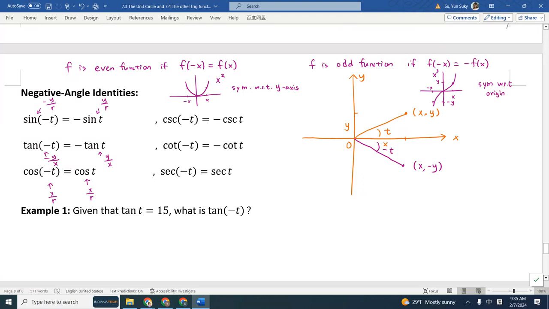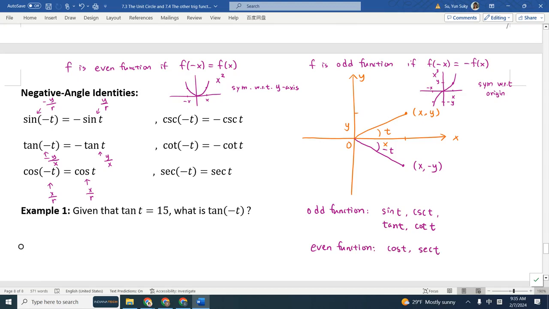Now, you look at all 6 trig functions. The odd functions are sine, cosecant, tangent, and cotangent. The even functions, where the minus sign disappears, are cosine and secant.